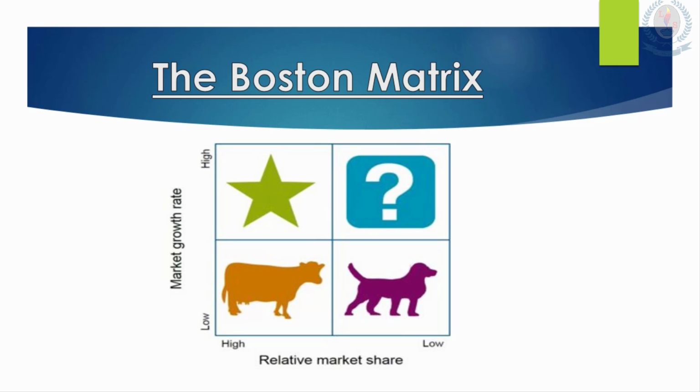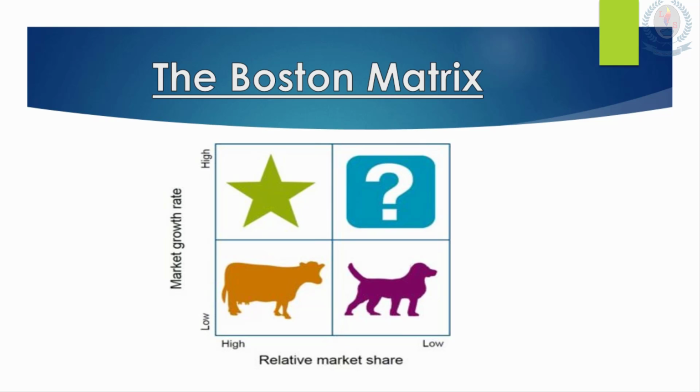If we take a certain product category that has a very high relative market share, but the market growth rate of that product category is very low, then we group that product category under cash cow.